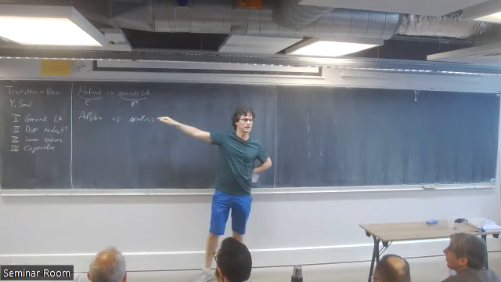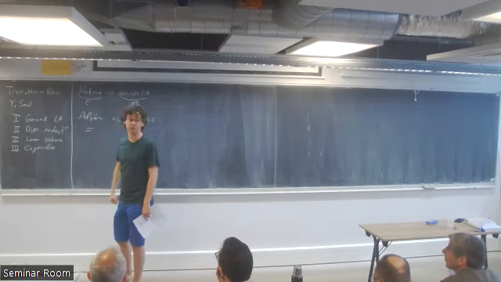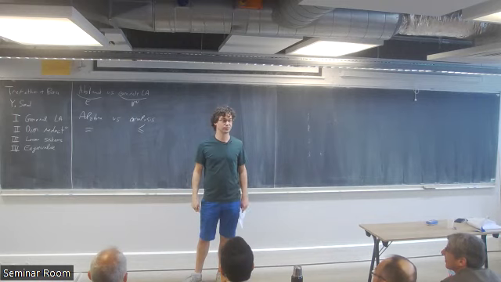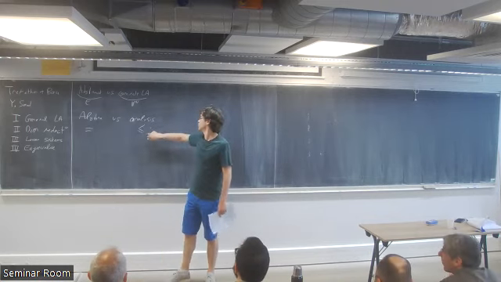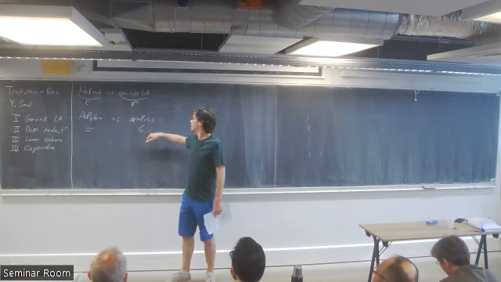So algebra versus analysis, for the mathematicians, algebra is everything that has to do with equals. Analysis is everything that has to do with inequalities. So this is structure, this is limits, things like this. Right?